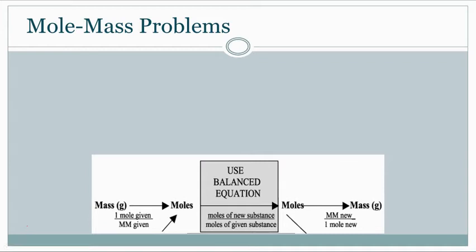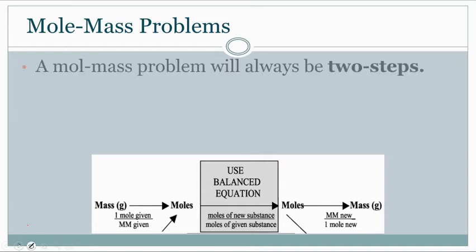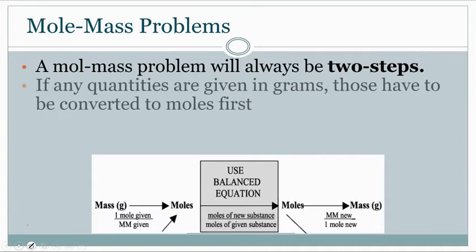Now what if I want to go moles to mass? Well, for a mole to mass problem, I'm always going to have 2 steps. If any quantities are given in grams, those have to be converted to moles first. If you want to end with grams, you have to go mole to mole and then go to mass.